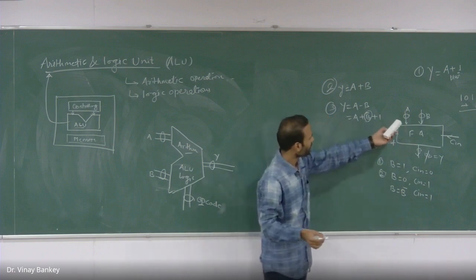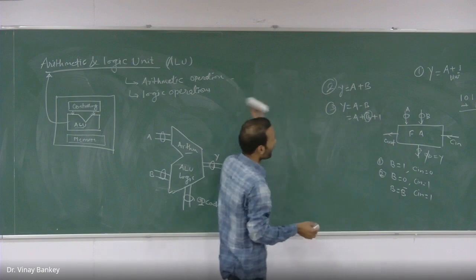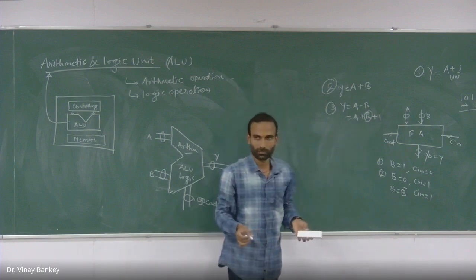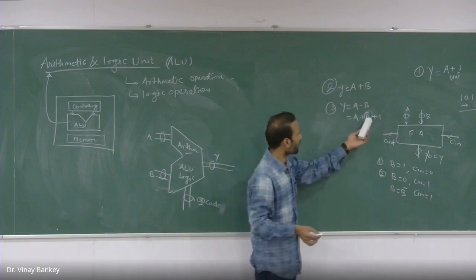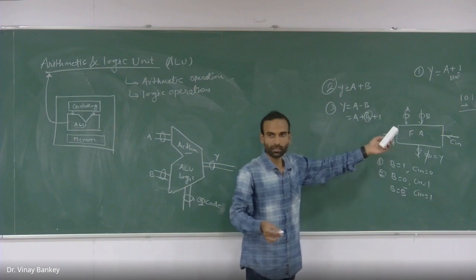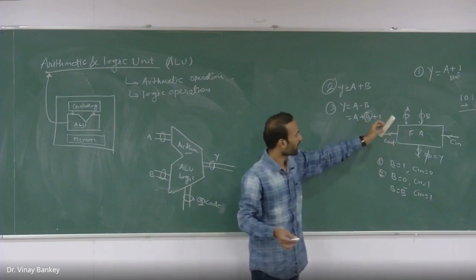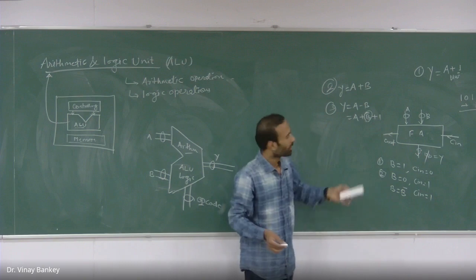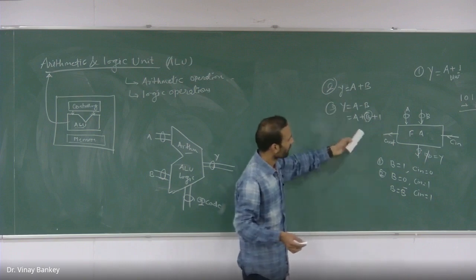However, for this, in the ALU, you need multiplexers to select which one I get, B bar or the simple B. So you need one multiplexer to select the complement of the data or the simple data. In the same way, you can obtain the multiplication and the division.